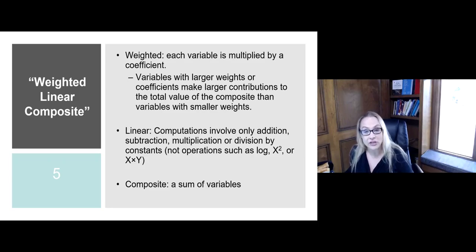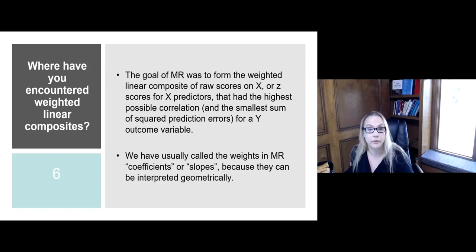And then finally, the term composite refers to the fact that all of the variables are combined to create a final model. The goal of multiple regression is to build a weighted linear composite of raw scores, or the x values, which are my independent variables. Or we can do the combination using standardized z-scores of the variables, and then we look at the slopes.